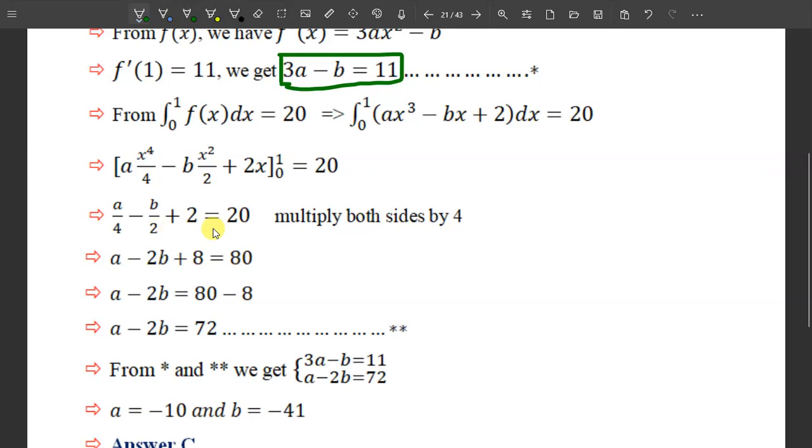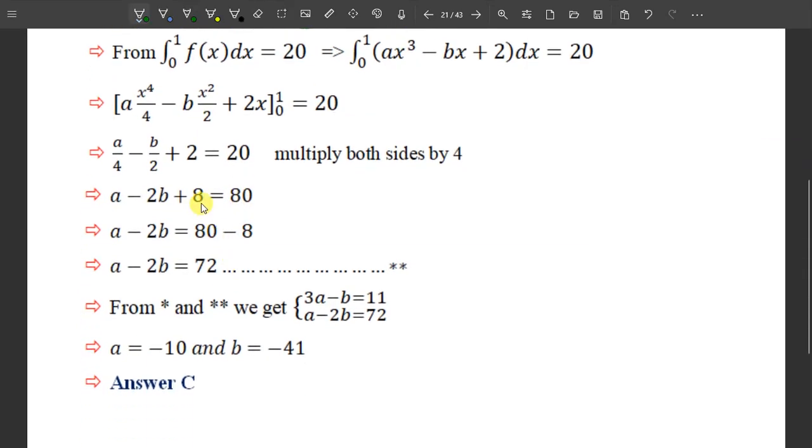And then write this equation as a linear equation. To do that, what we have to do is multiply both sides of the equation by 4. If we multiply both sides by 4, 4 times a over 4 becomes a, minus 4 times b over 2 is equal to minus 2b, plus 4 times 2 is equal to 8, and 4 times 20 is 80.